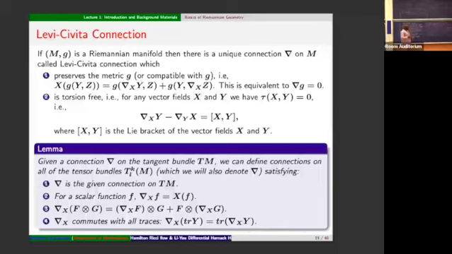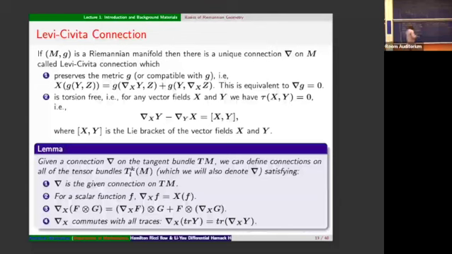And it's also torsion free. That is, for any vector fields x and y, the Lie bracket becomes this, meaning that the torsion is 0.